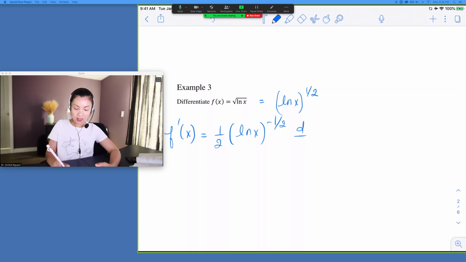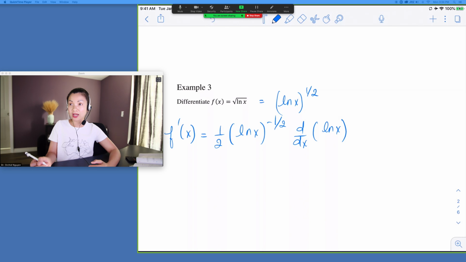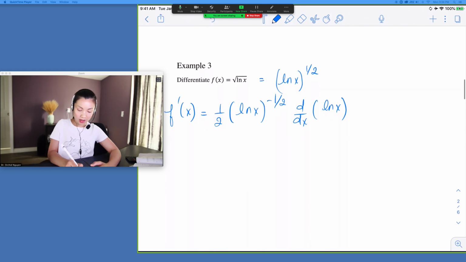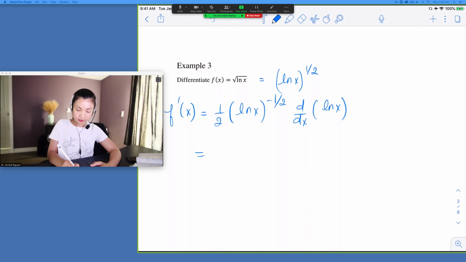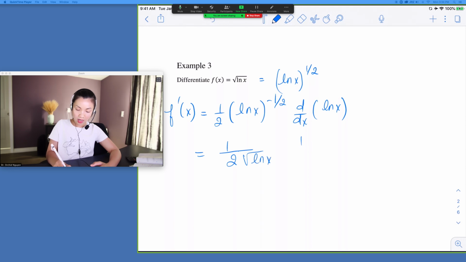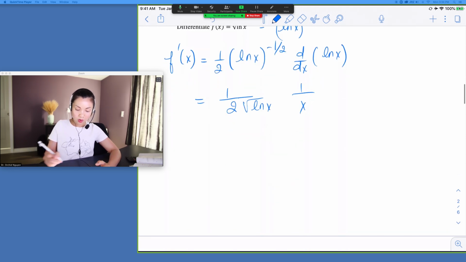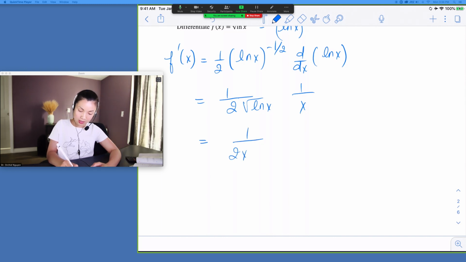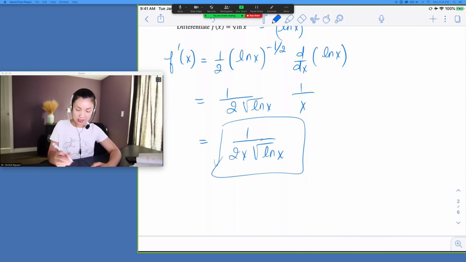And then you take the derivative of ln of x, which is just 1 over x. So what I have is 1 over 2 square root of ln of x times 1 over x. If you combine it, that would be 1 over 2x square root of ln x. So that's how I simplify.